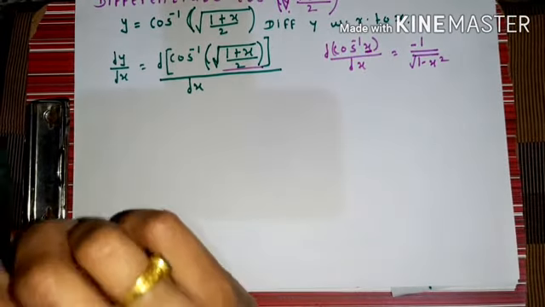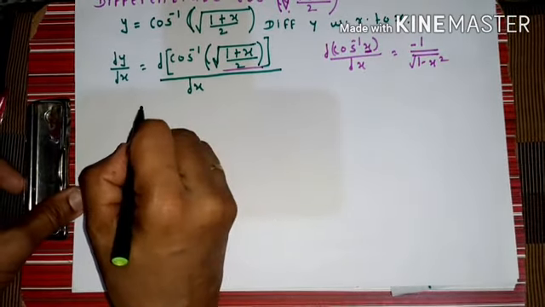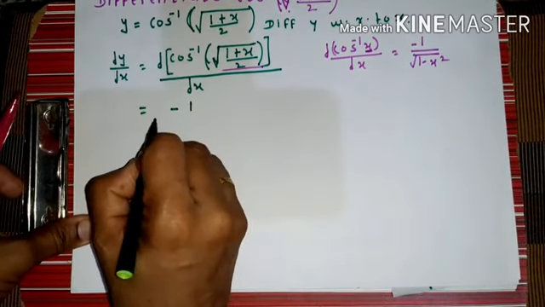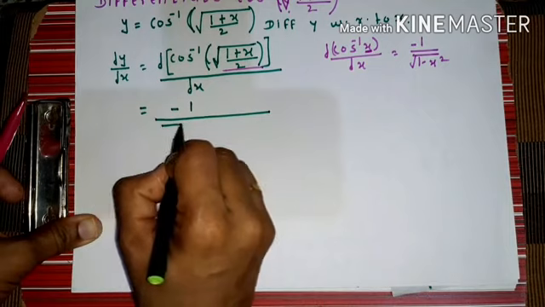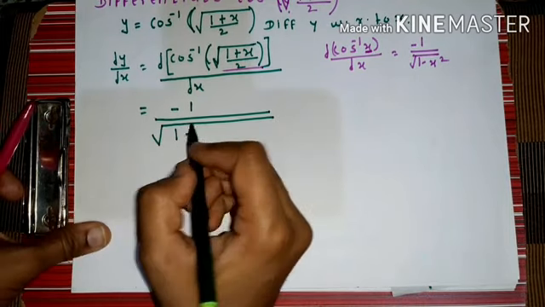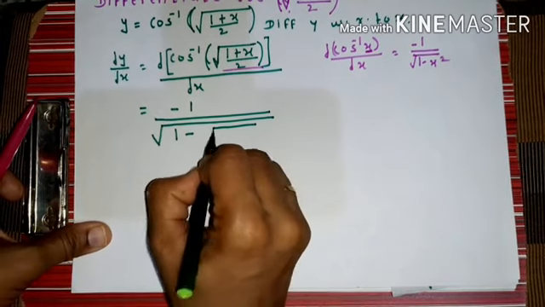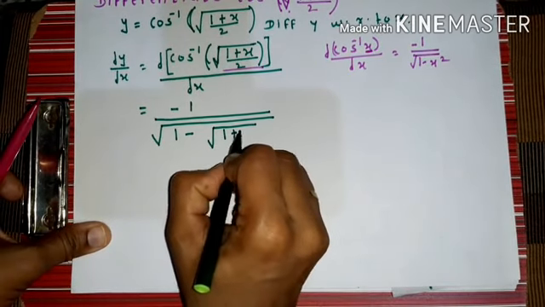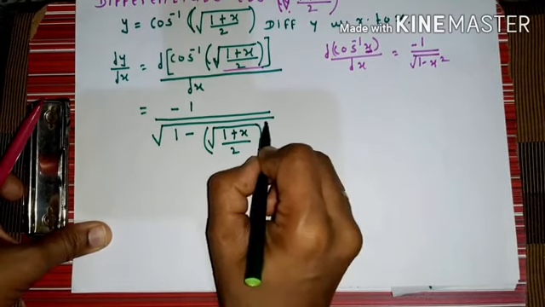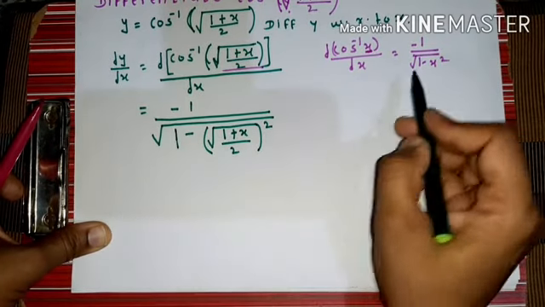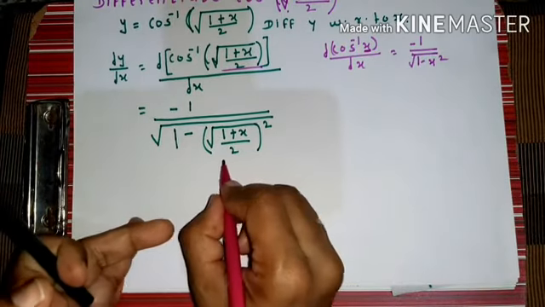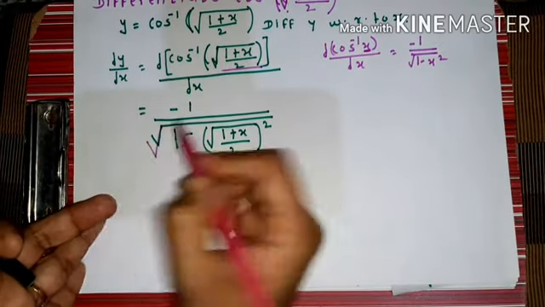And therefore differentiation of the given function is minus 1 upon square root of 1 minus square root of 1 plus x upon 2 whole square. That is 1 minus x square, square root of, so the whole term square. Okay.